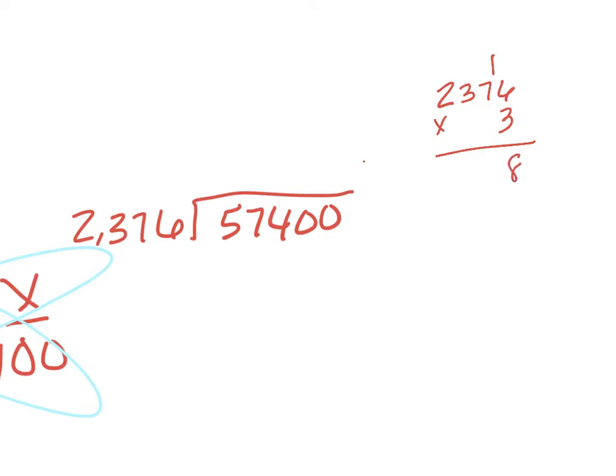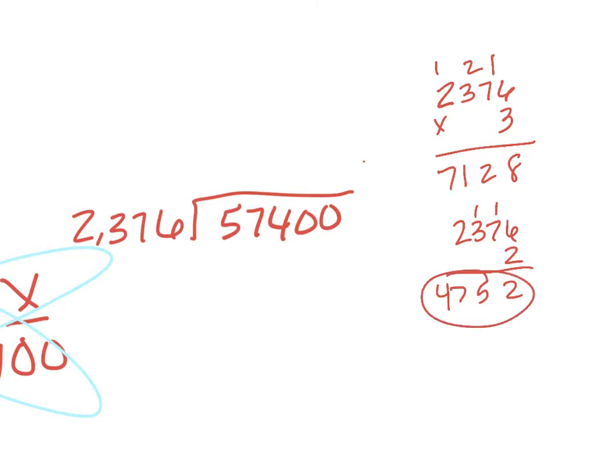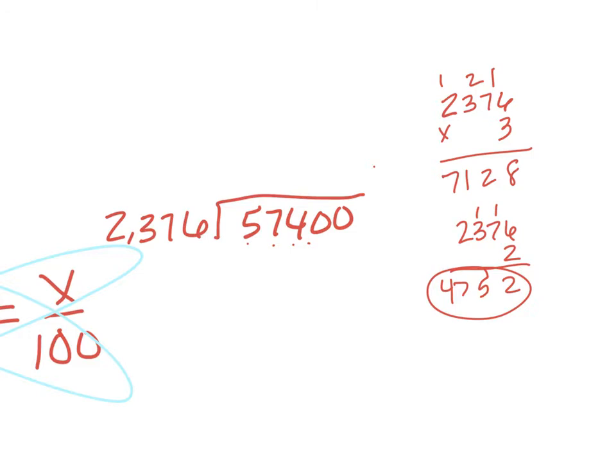Okay, so that's going to be too big. So then let's try 2. That's 4,752. So that'll work. This number can go into 5,740, right? So I'm going to put a 2 up at the top and subtract that number, 4,752.